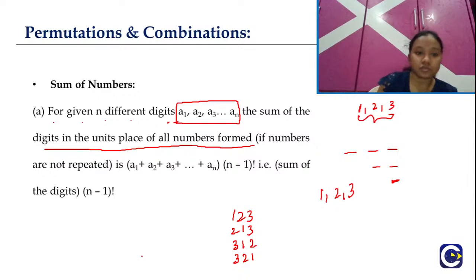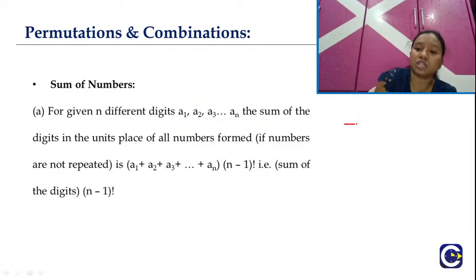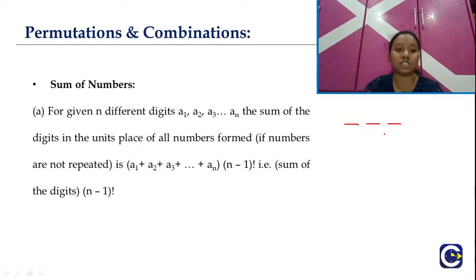Right. So after forming the 3-digit numbers, because they are talking about 3 digits, we'll be considering the 3-digit numbers. Once we have formed all the different possible 3-digit numbers here, we have to add the digits which are placed in the units place.